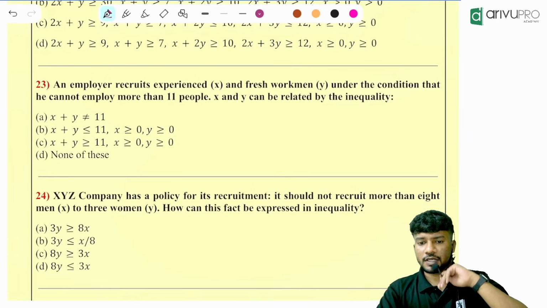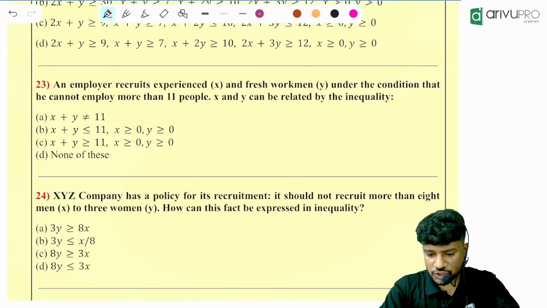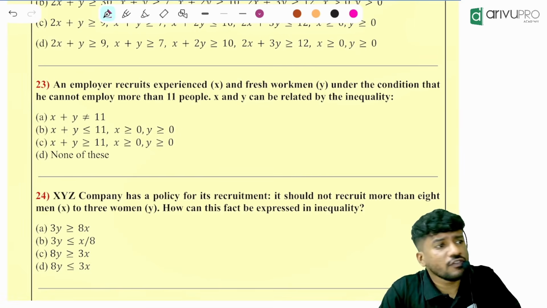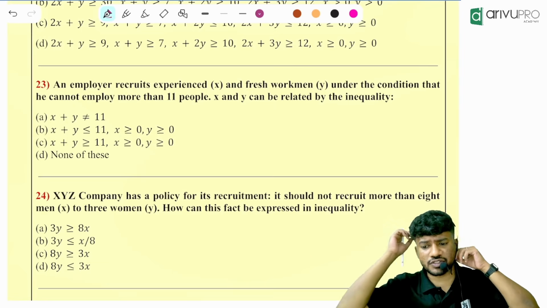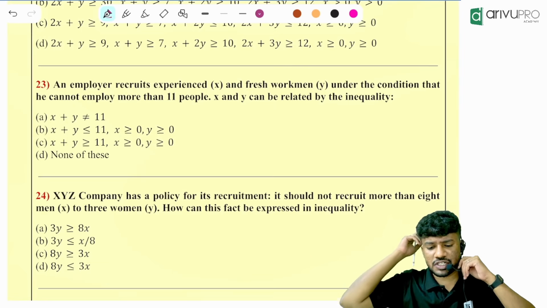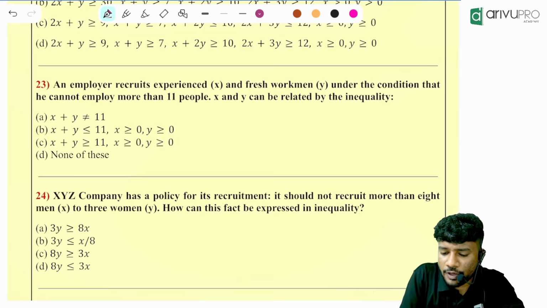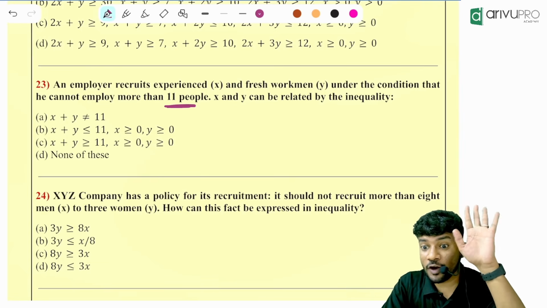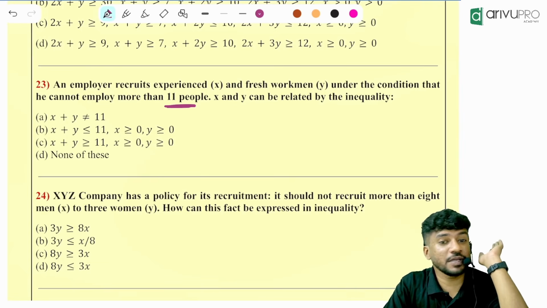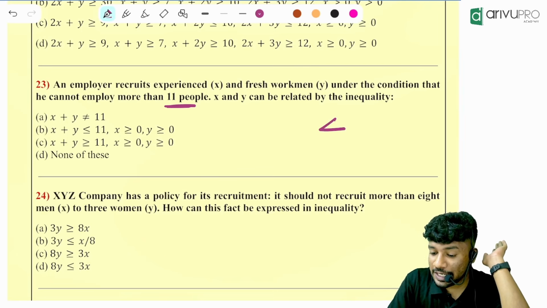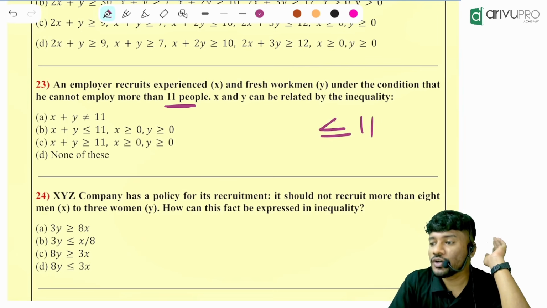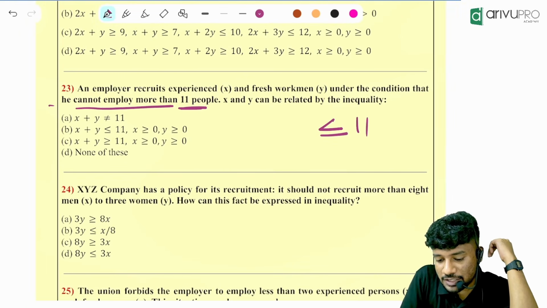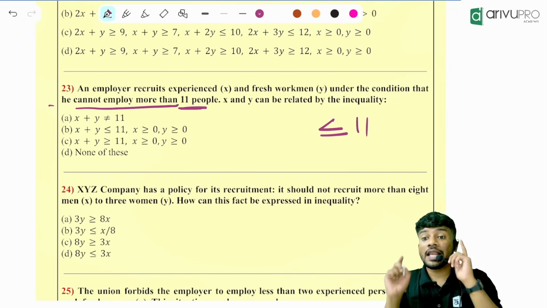Look here. An employer recruits X experienced people and Y fresh persons, or freshers, under the condition that he cannot employ more than 11 people. So what is the condition? He cannot employ more than 11 people means he can employ less than or equal to 11 people.